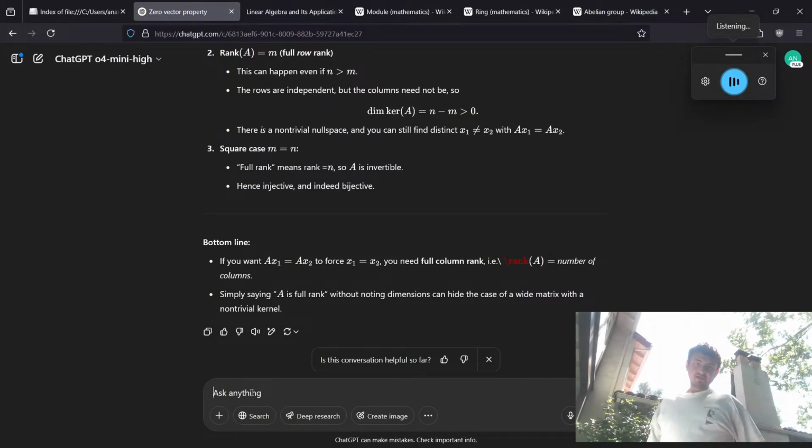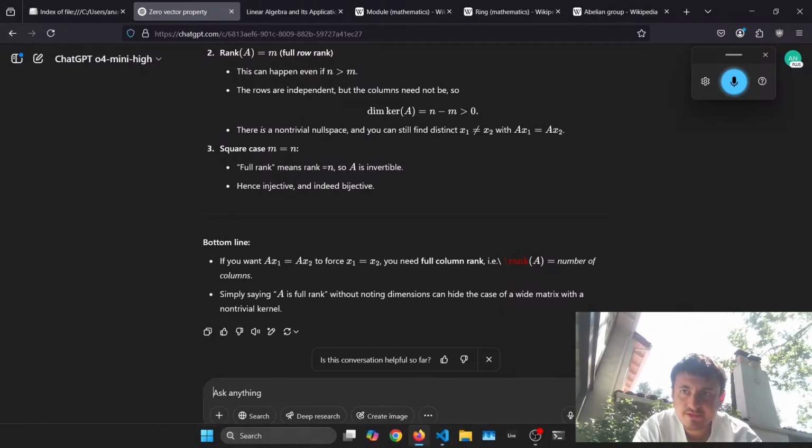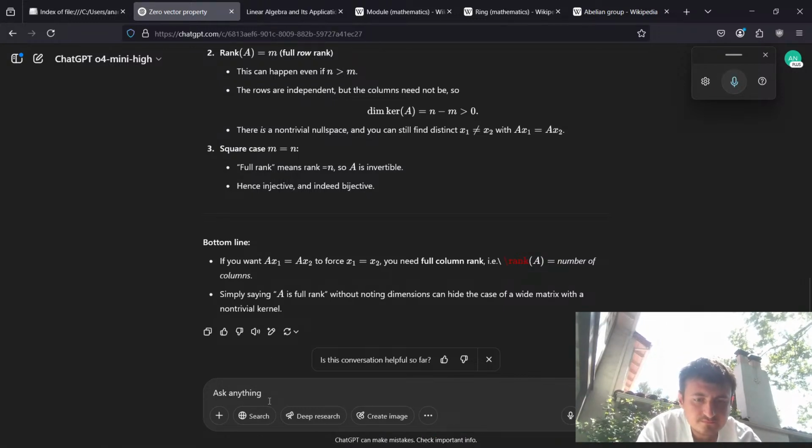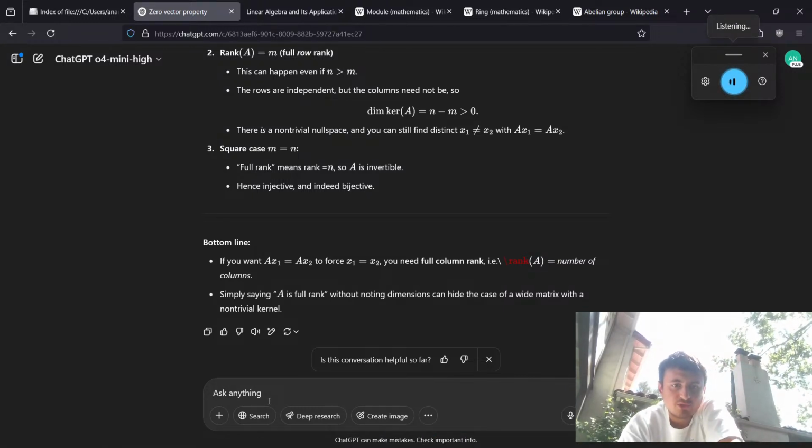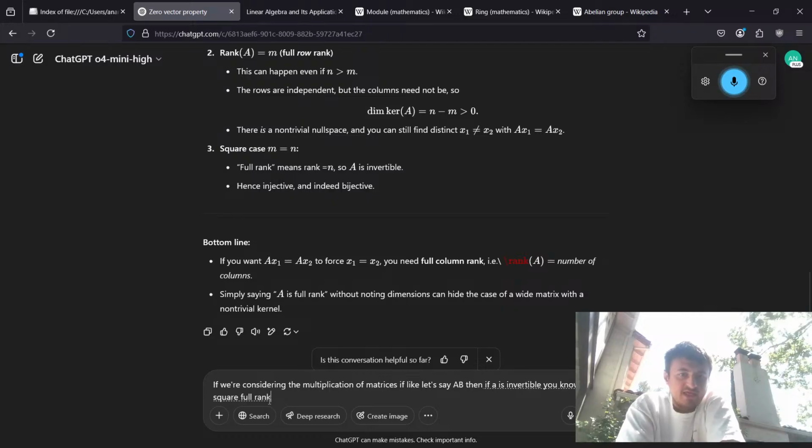And for matrix multiplication, is this also true? If we're considering the multiplication of matrices, let's say AB, then if A is invertible, square full rank, and there's another matrix C and A times C is equal to A times B, then C and B must be equal.